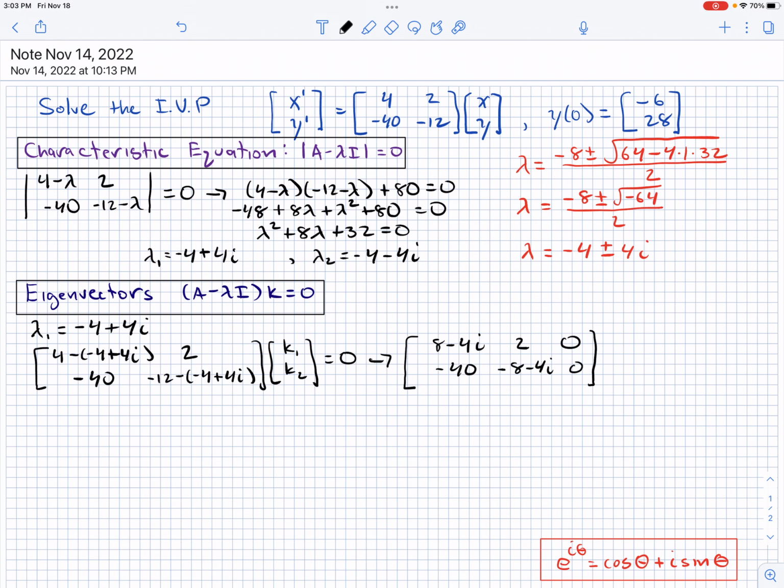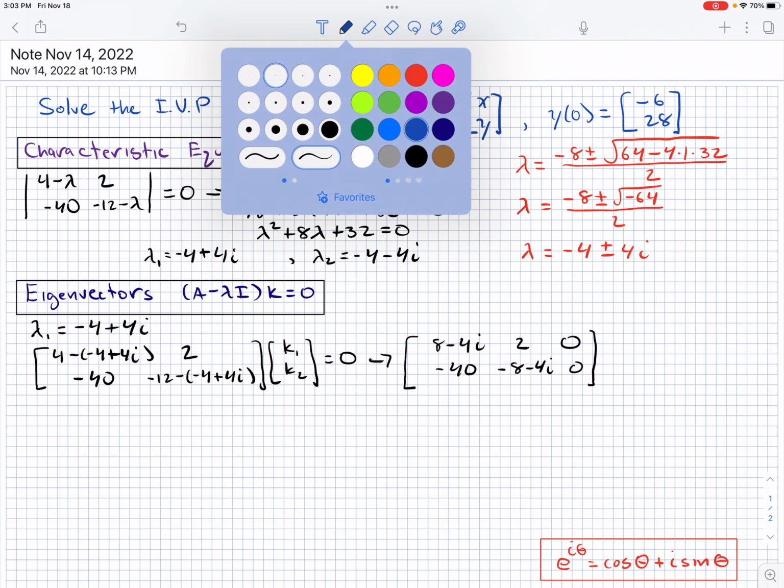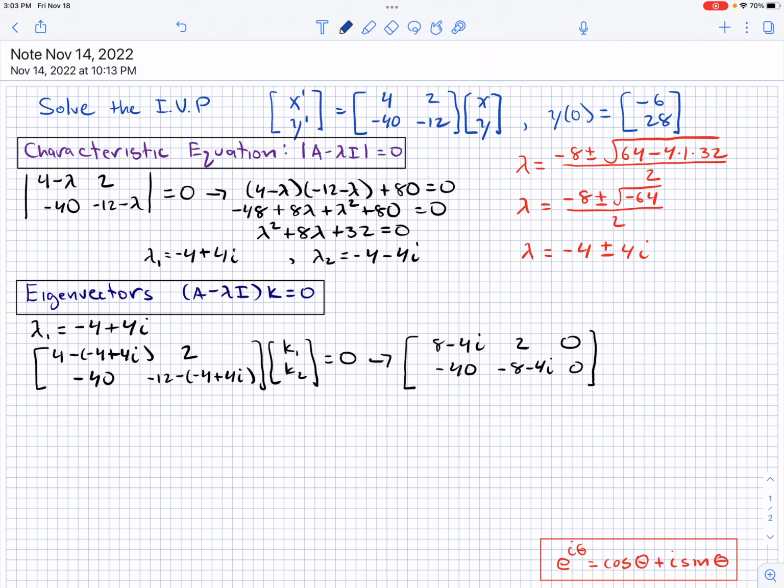And then we want to do some matrix arithmetic or manipulation to try to get the matrix in row echelon form.